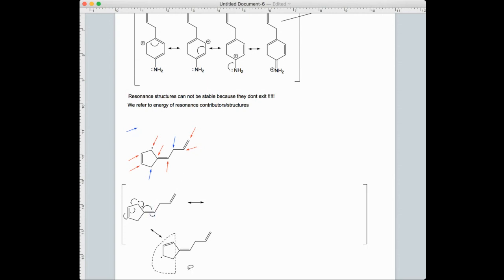So we're going to draw the structure which is formed out of this delocalization. Once again, now the radical is on this carbon over here. The double bond I showed will be formed over here. The other double bond remains the same because I didn't touch it. And that's pretty much it.